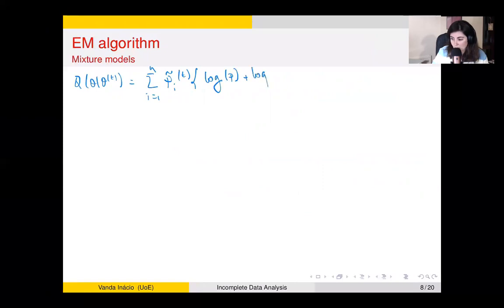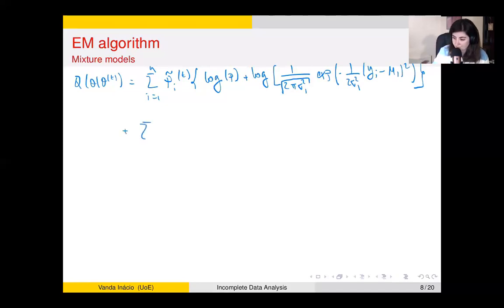And now I will replace, I know that this is the log of the normal density function, correct? So this is the log of, say, this, correct?